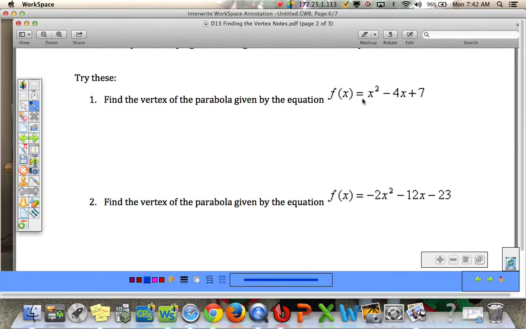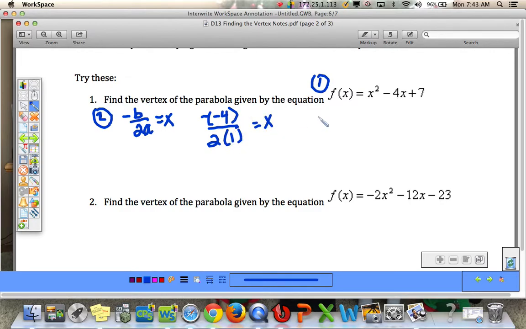First step is put it into standard form. It is. So here's the first step. Second step is do the opposite of b over 2a, and that will give us x. So if we plug in, b here is negative 4 again. So opposite of negative 4 over 2 times 1. So again, in this case, we get x equals 2.